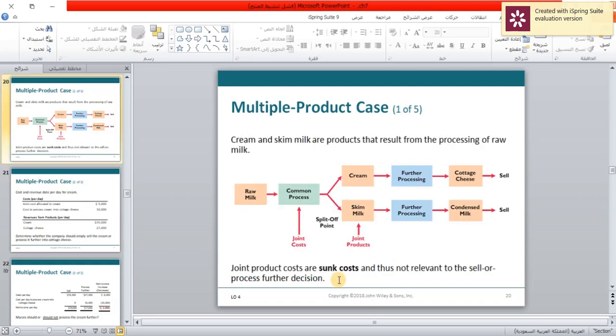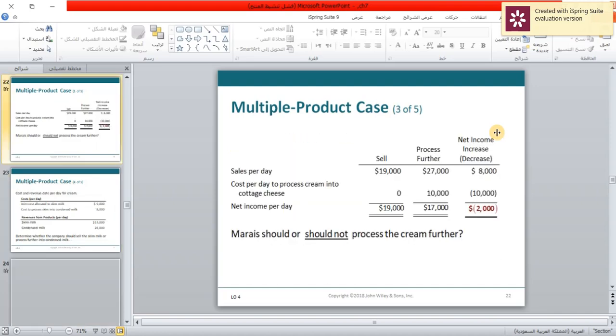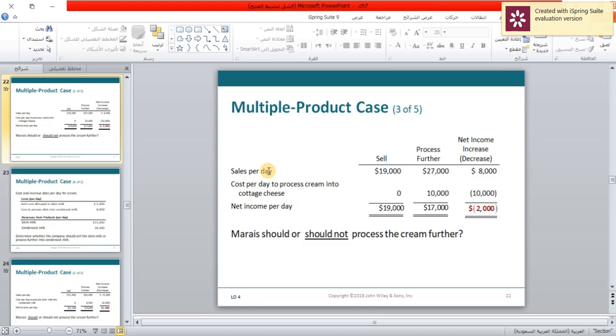The question is, which is better: to sell the cream in this state or process further and sell it as cottage cheese? In sell, sales per day are $19,000.